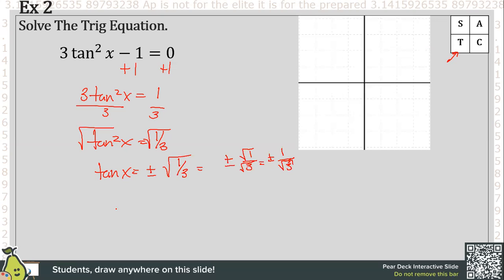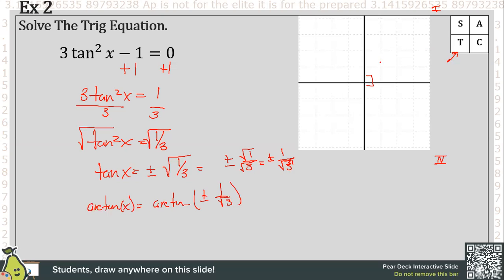So if we were to do this, my tangent, when I did my arc tangent from my previous unit, is equal to the arc tangent of plus or minus 1 over the square root of 3. I was restricted to these two quadrants, quadrant 1 and quadrant 4, right? This is from our notes from evaluating inverse trig.